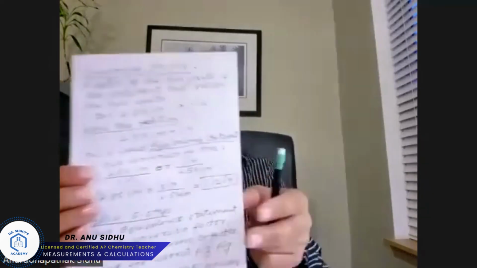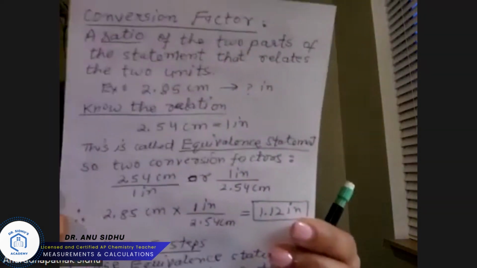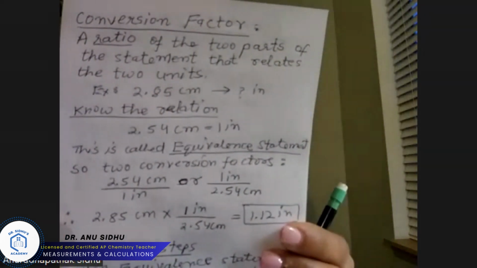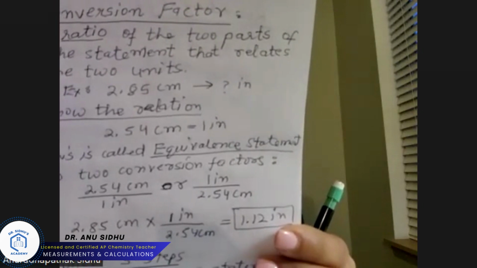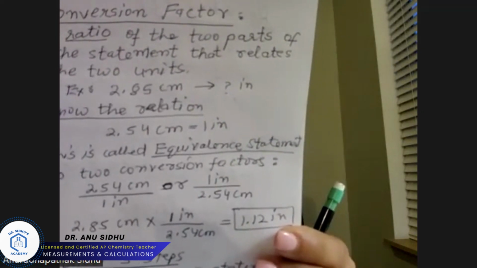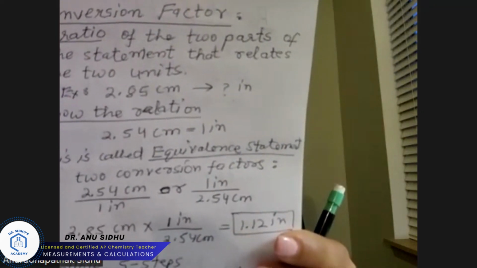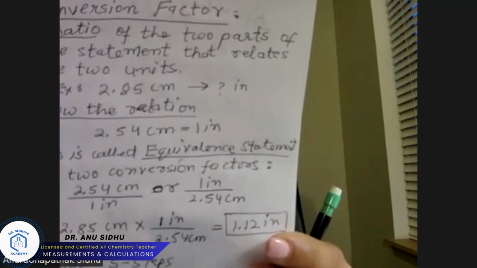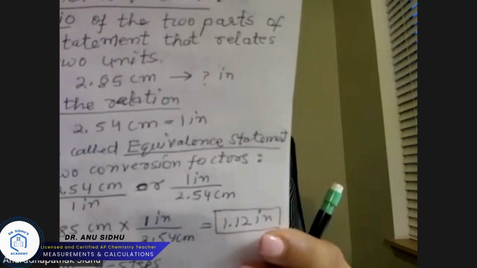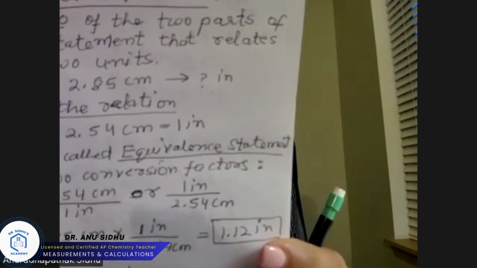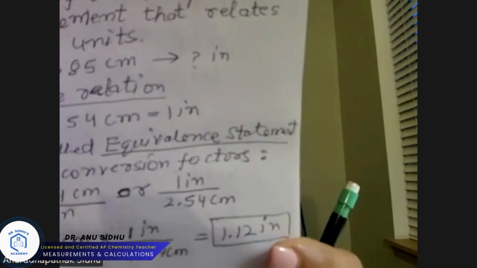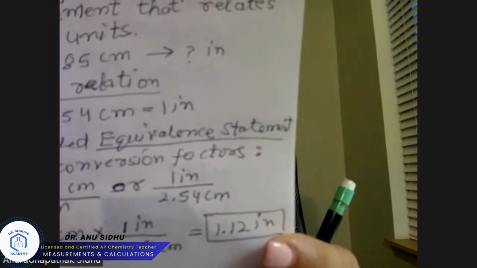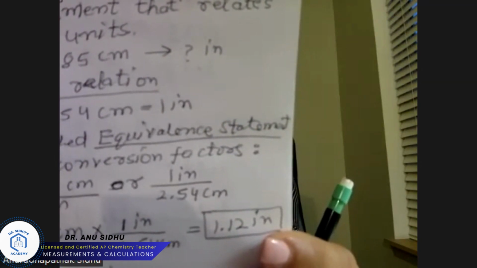As you can see here, we need to convert 2.85 centimeters into inches. The equivalence statement is 2.54 centimeters equals 1 inch. From there, we can make two conversion factors: either 2.54 centimeters divided by 1 inch, or 1 inch divided by 2.54 centimeters.